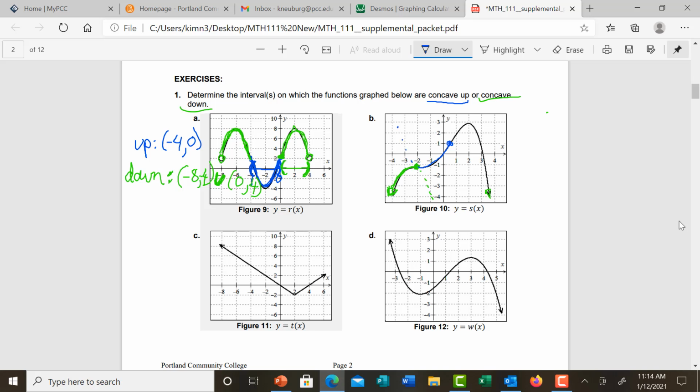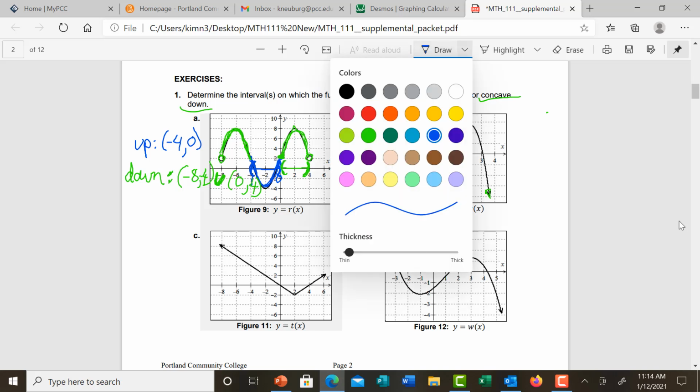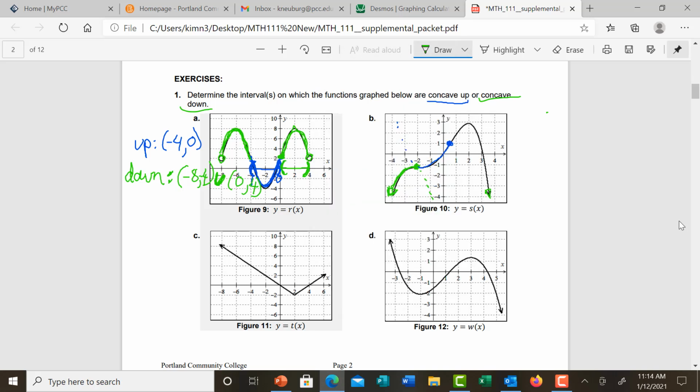It would be holding your cereal in if we continued it on like that. So we have half bowls here. After we switch right about there, and we're just going to estimate those spots where they change for right now, then we dump our cereal out again. So the green areas are the concave down, and the blue area is where it's concave up, even though we do have partial cereal bowls.